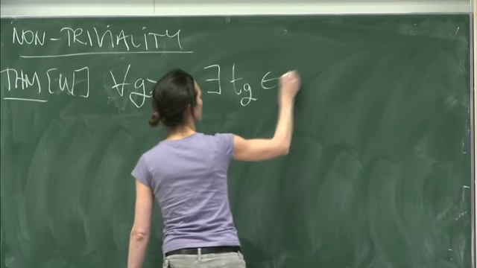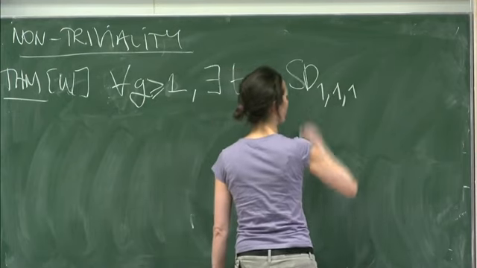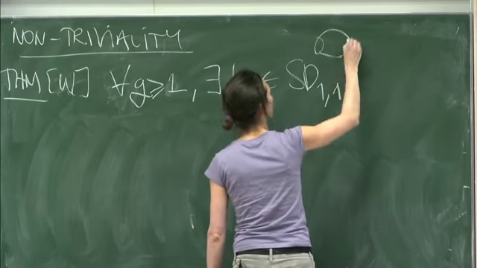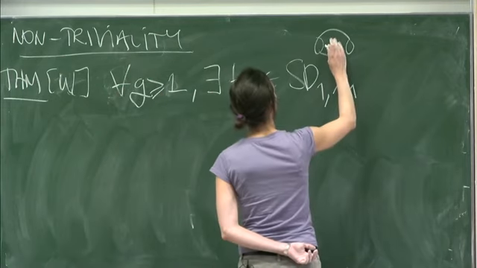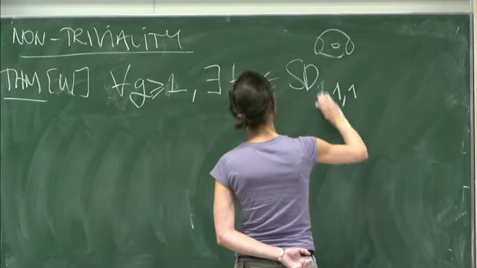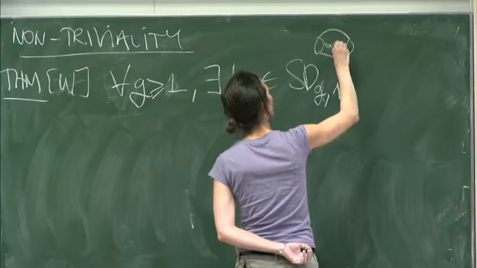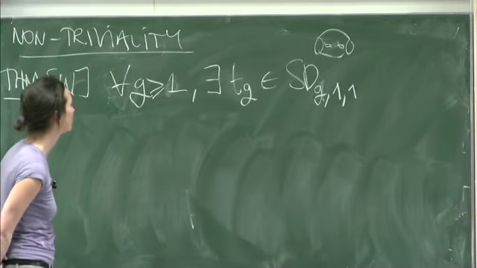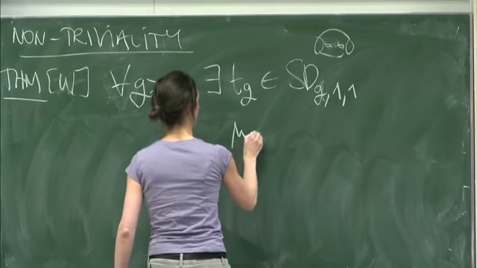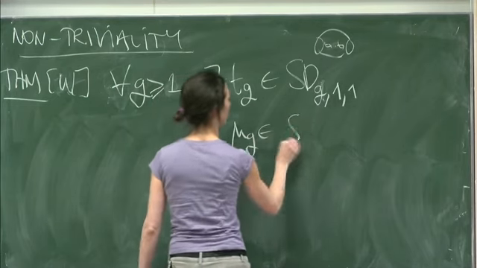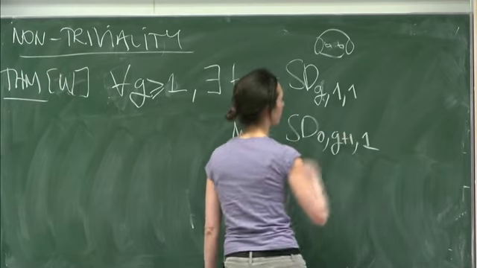A class TG, which is a Sullivan diagram of genus G with one incoming, one outgoing boundary component, so this corresponds to a genus G surface with one incoming, one outgoing boundary component. And a class, a Sullivan diagram, in genus 0, G plus 1 incoming, 1 outgoing.